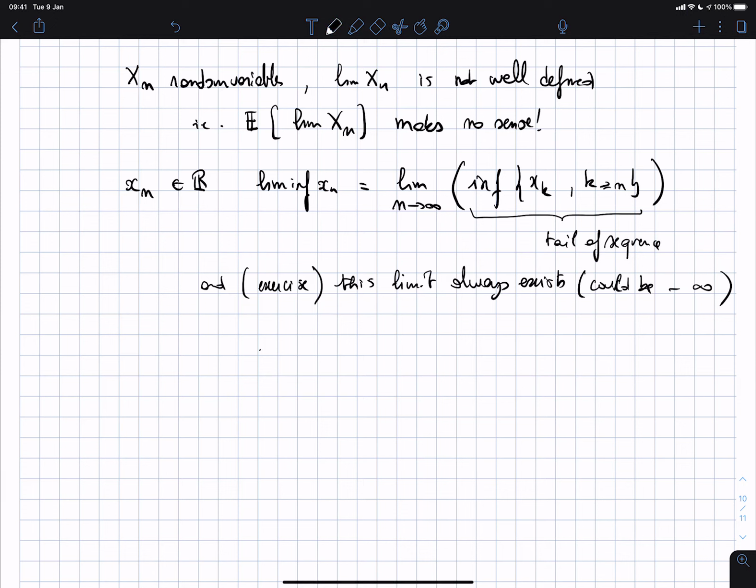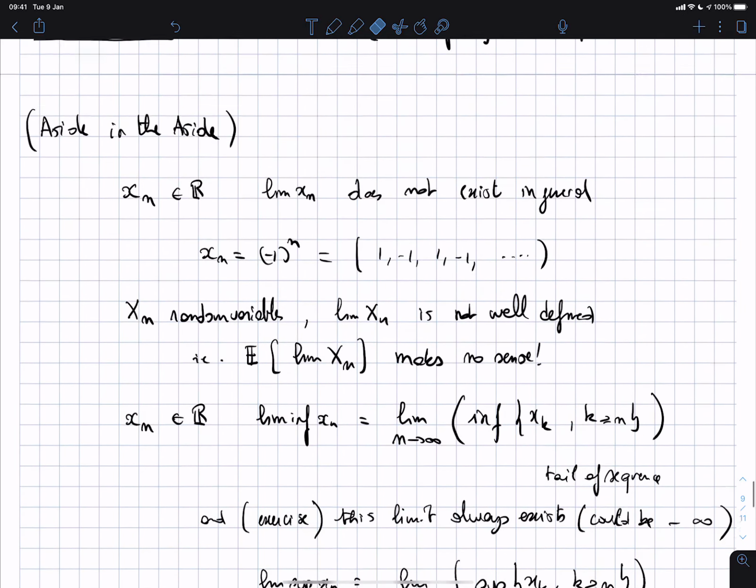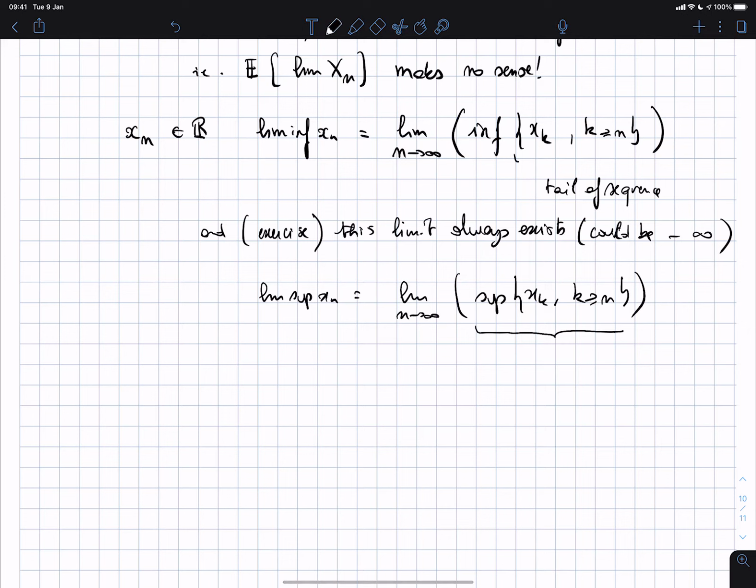The other way around, if we look at the limit superior, then it's this thing here. Again, you look at the limit of the suprema. Again, you're looking at the tail of the sequence. No, that's not correct. This is correct. This is the tail of the sequence.